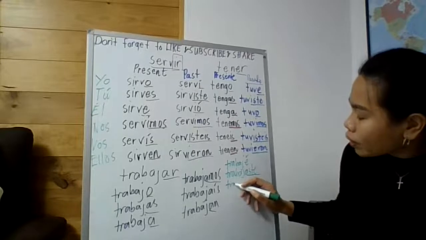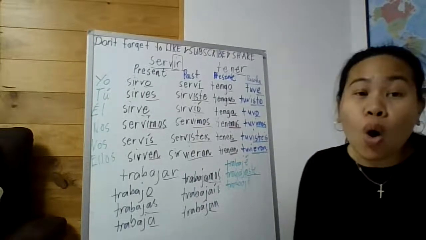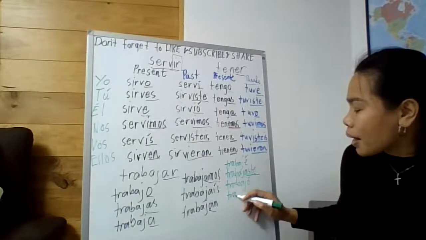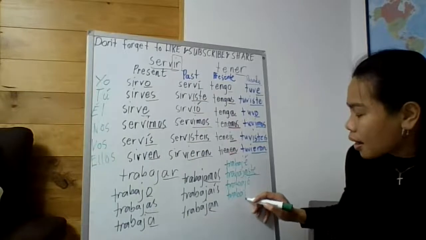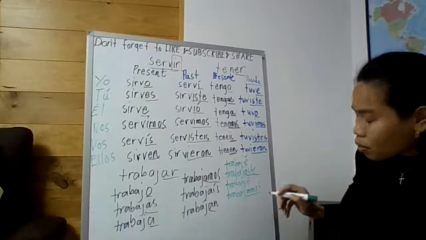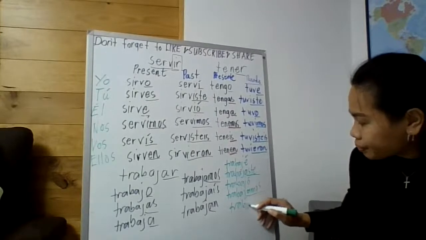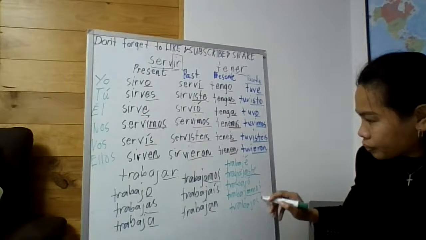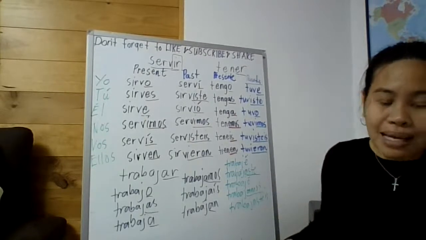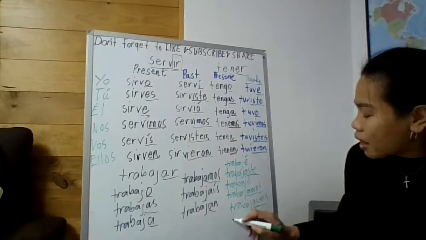Trabajó, with accent. Trabajó in Filipinas, for example. Then trabajamos, amos. Trabajasteis, asteis, and then our last is trabajaron.